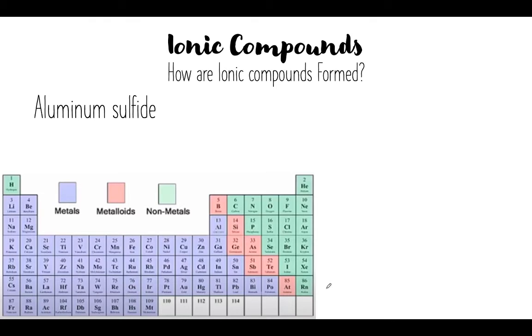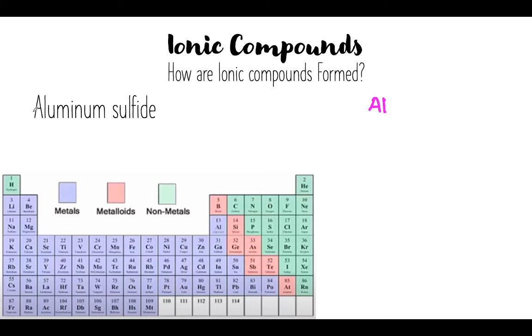Okay, let's do an example where you're given the name of a compound and you have to figure out the chemical formula. Now, this is where the charges are very important. The first thing that you have to do is write out the element symbol of the first element.